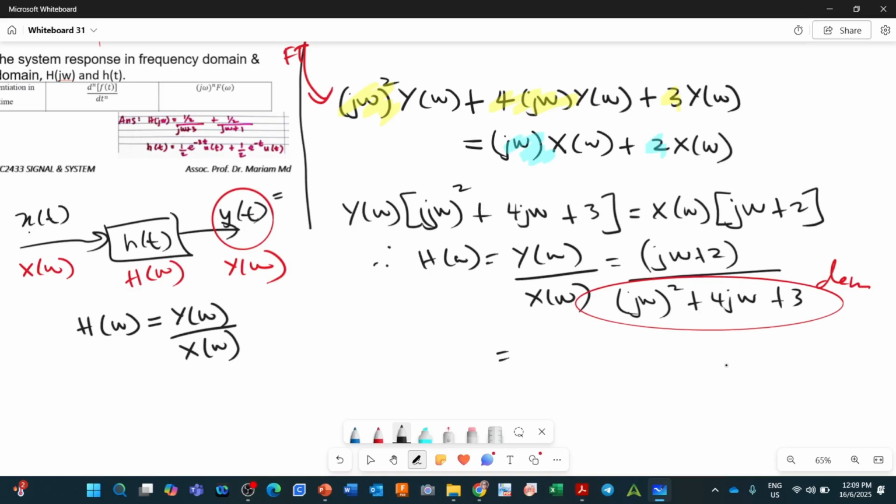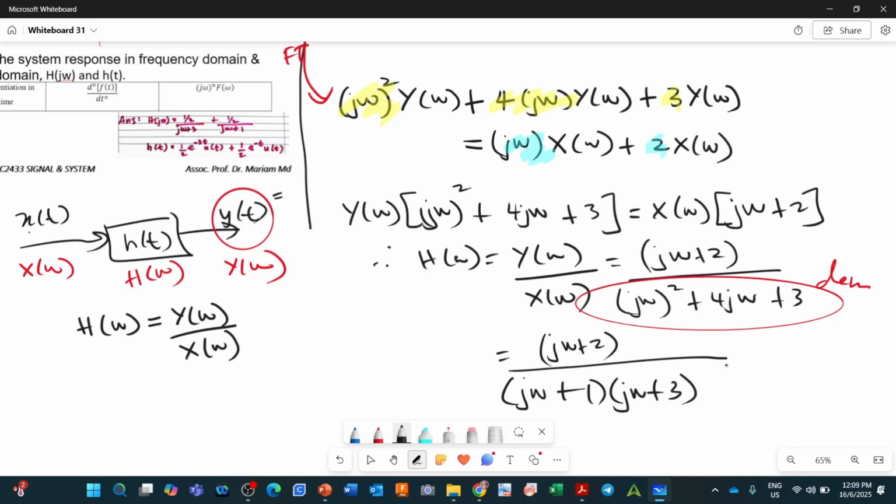Using your mathematical understanding, no need to press calculator. Make it in terms of two brackets of J omega. You have 3 and 4 here, so I will say 1 plus 3 gives 4. So this is positive. That's the factoring.